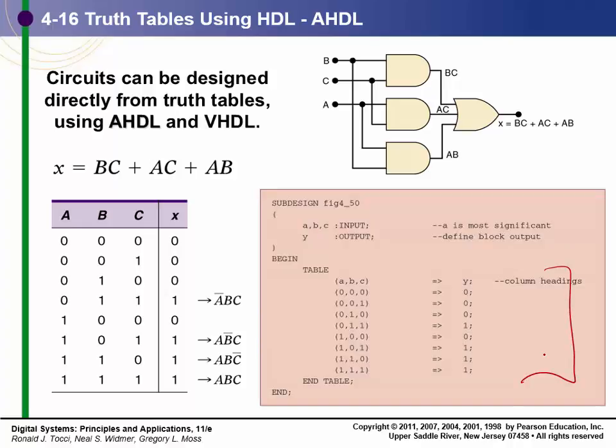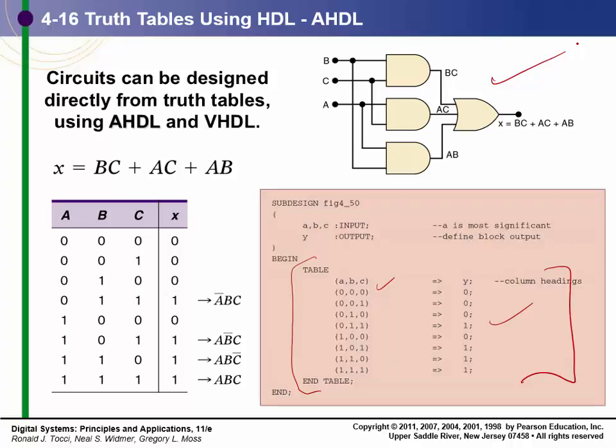Here I've got a 3-input truth table, and AHDL has a function called table, where I put in my truth table exactly the way it is and I just tell the software to design the circuit. I don't even have to look at this. I don't have to do the Karnaugh map. I just put in the truth table and let the software do the design.